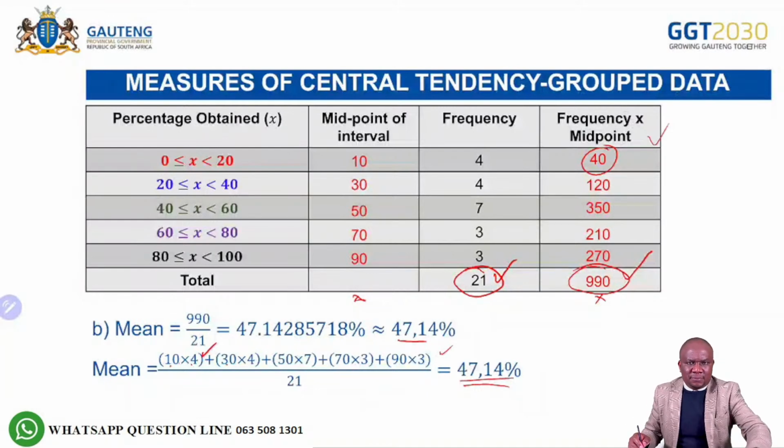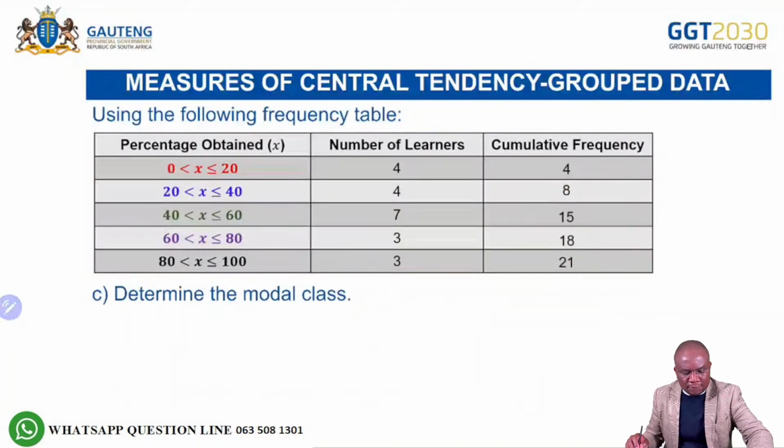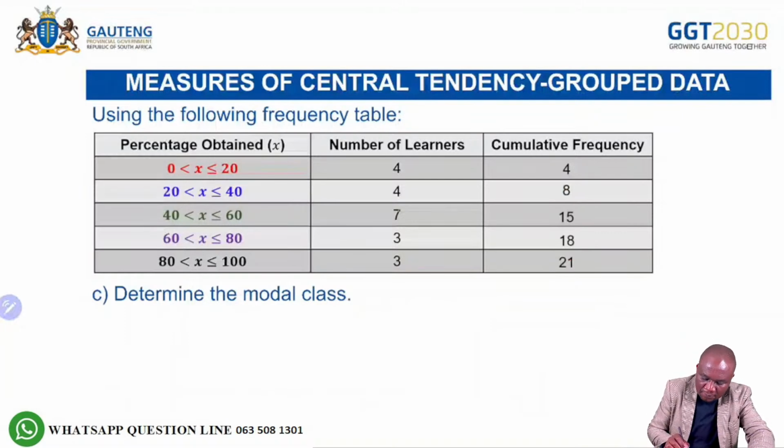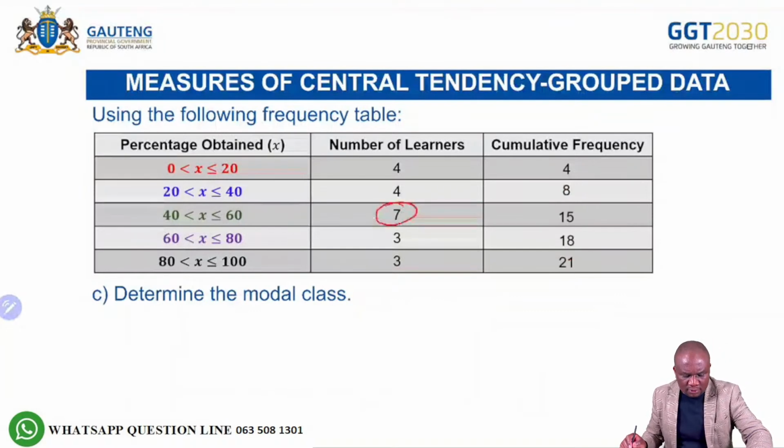What is the mode? The mode is the data item that appears most. So how can we find the mode from the frequency table? We just use the frequency. Please don't use the cumulative frequency. In this class interval we determine the modal class.